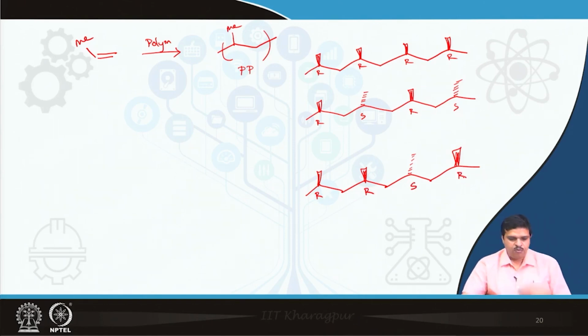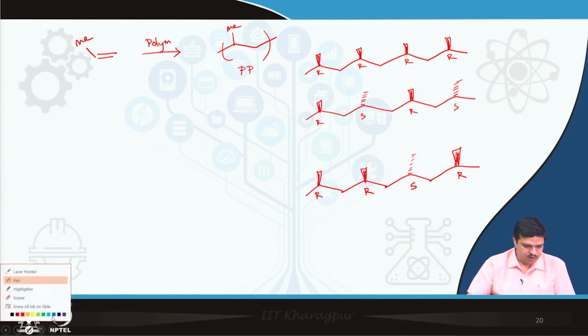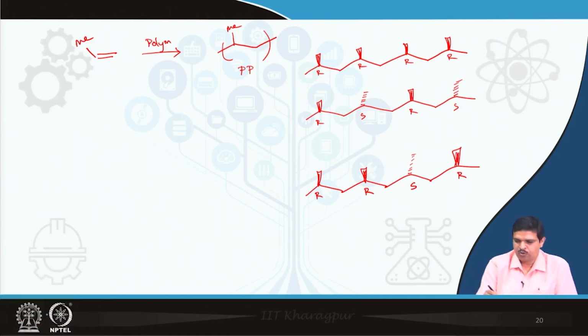Now, if you consider this CH2, here we have assigned R and S on the basis of the stereocenter. Now, consider this CH2. This one will be m, this one will be m, this one will be m, like that.